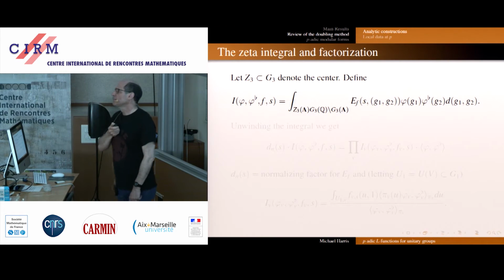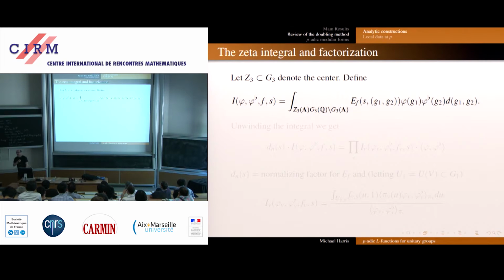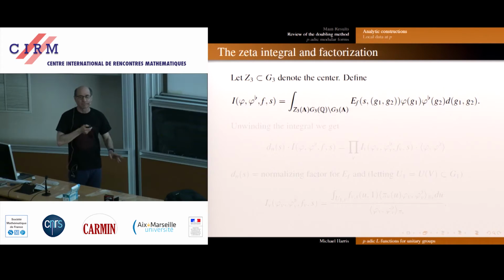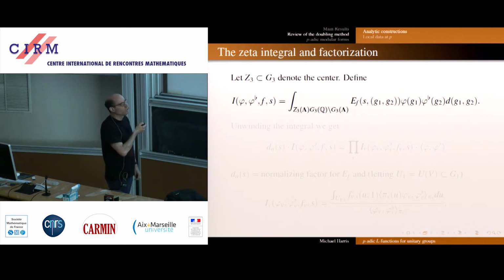By the way, I think I said that chi was trivial. If I didn't, maybe I erased it by accident. Chi, the character in the original statement, let's forget about it. It can be put in, but it just clutters the notation. So we've got an integral that now just depends on s, on our choice of functions, on our representation pi, and some additional choices.